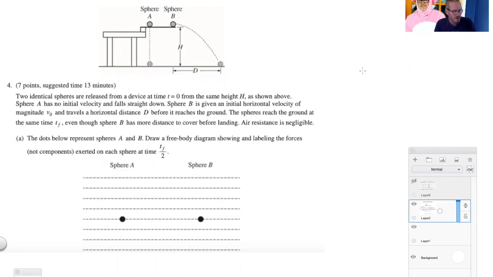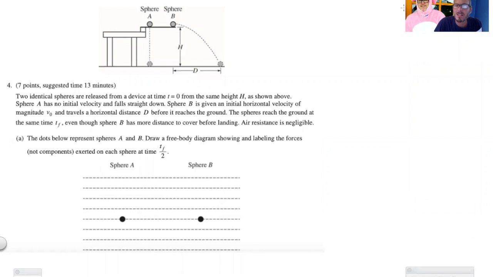All right, so this question is from 2015, number 4, and it's a pretty straightforward question. I like this one because it's not too hard, not too easy. So we have two identical spheres, A and B, released at time t equals 0 from the same height as shown.